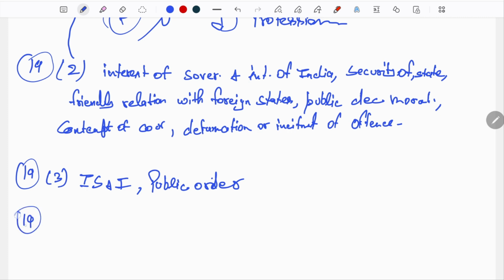Then 19(4) defines the restriction on subclause C, that is association and unions. It names sovereignty and integrity of India, public order and morality.